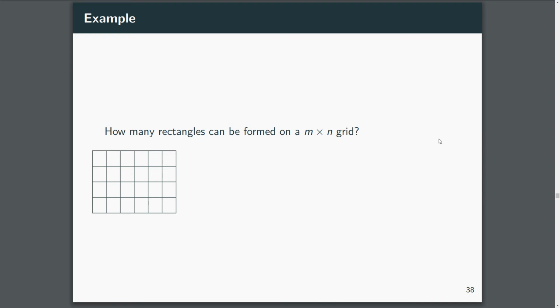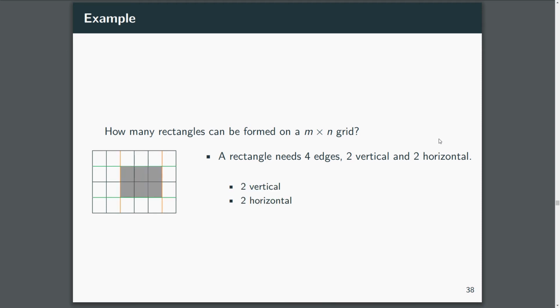We could be counting how many rectangles can be formed on an m by n grid. So a rectangle needs 4 edges. 2 of them need to be vertical, 2 of them horizontal. Just like so, you get a rectangle.